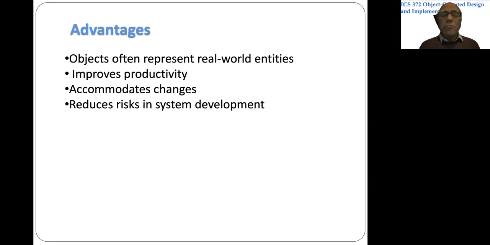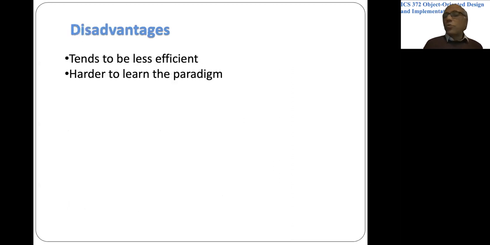Object-oriented paradigm is the approach of choice these days to develop application systems. And you'll be on a very good footing after this course to undertake object-oriented design and implementation. You will be learning lots and lots of useful techniques.